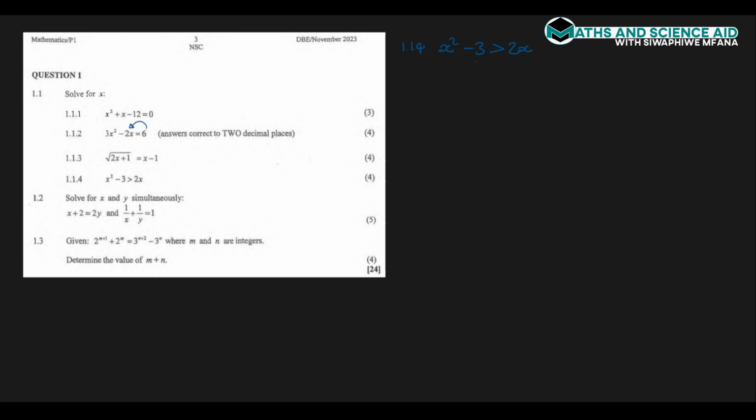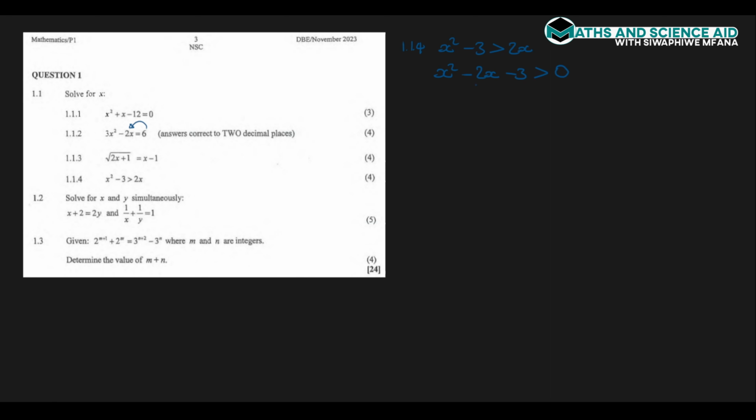So here, what we need to do as usual, we must first start off by writing our quadratic expression in the standard form. So we must transpose 2x to the left hand side, which is going to give us negative 2x. And then we'll leave minus 3 there. And now we are only going to have 0 on the right hand side.